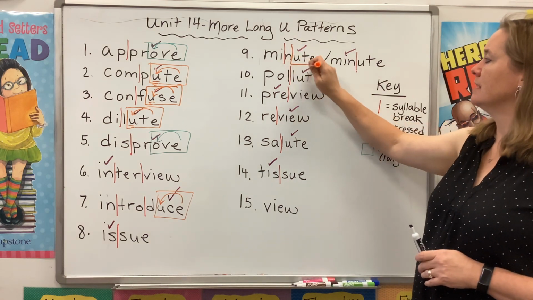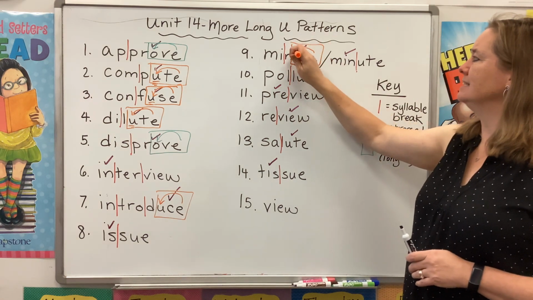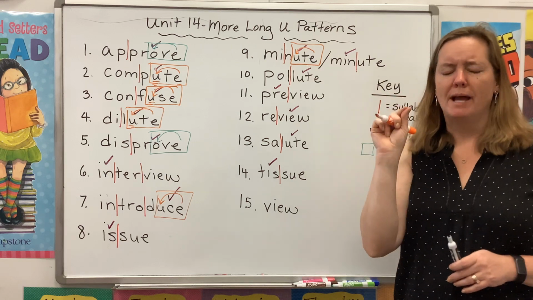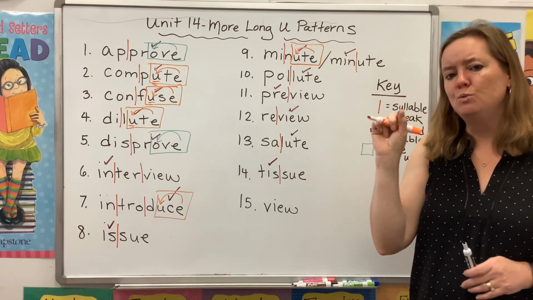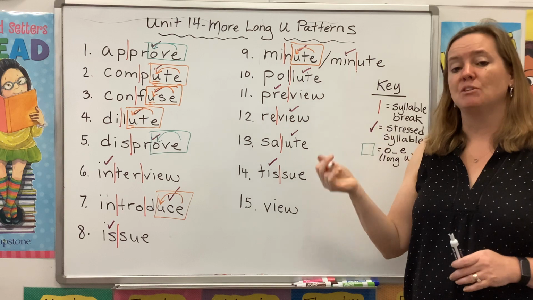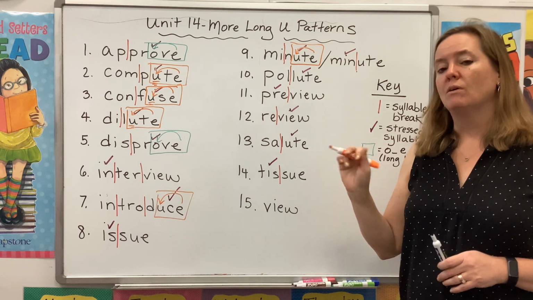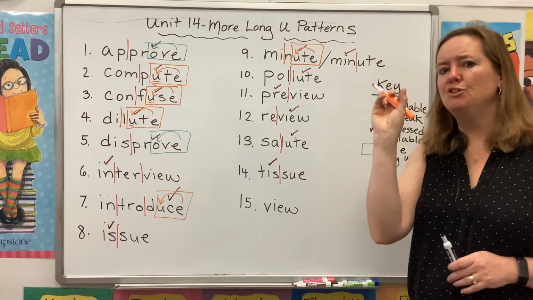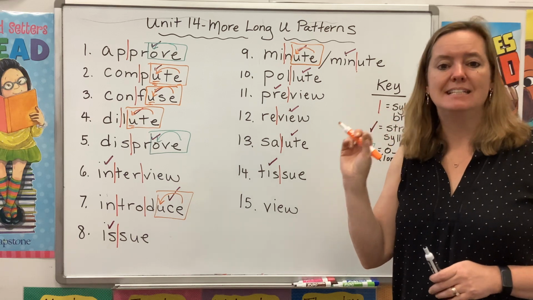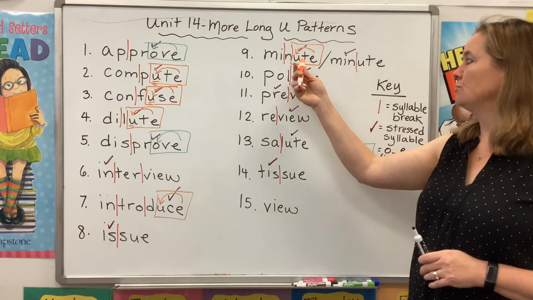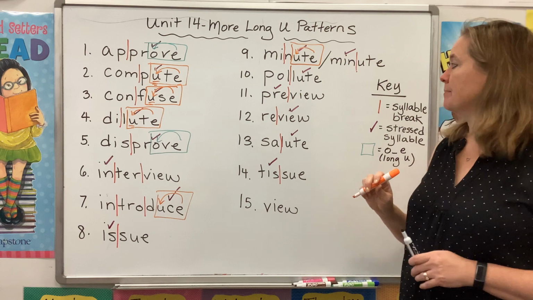Minute. This word means tiny, right? Like if you want to see minute creatures, you're going to have to use a microscope, right? Or some people like to give you the minute details, the tiniest details. So that's minute.